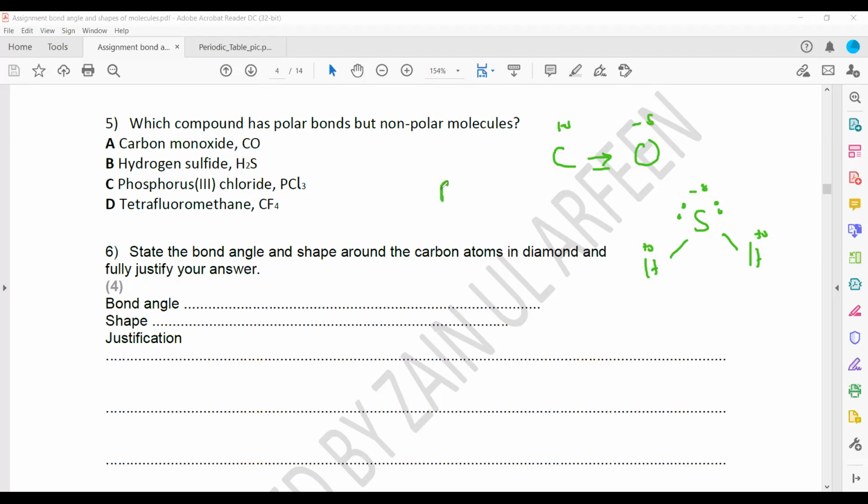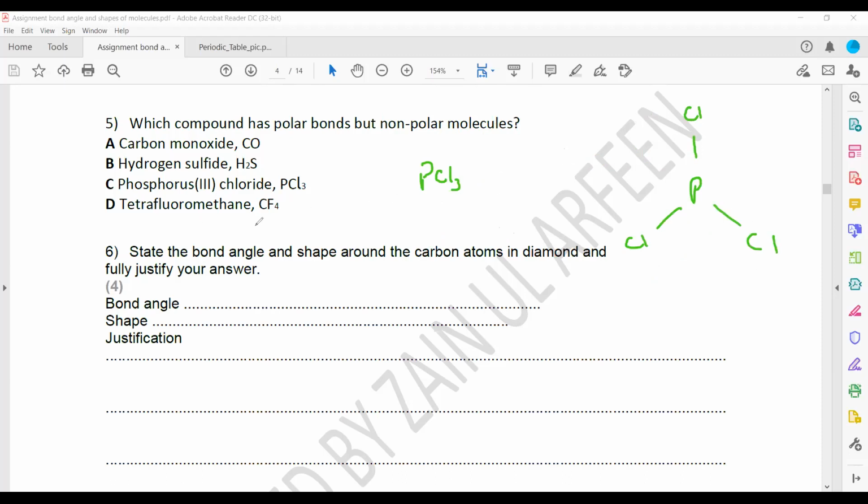About PCl5, they're not able to cancel out because it's not symmetrical. PCl3 as well, the same idea. When we have PCl3, phosphorus is there and 3 chlorines. So they're not able to cancel out each other.